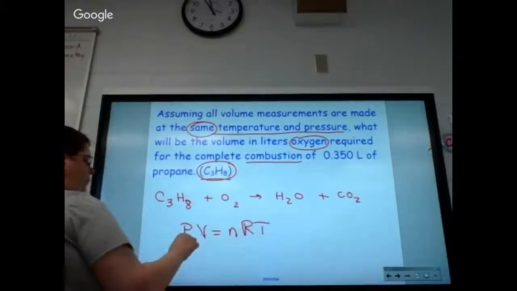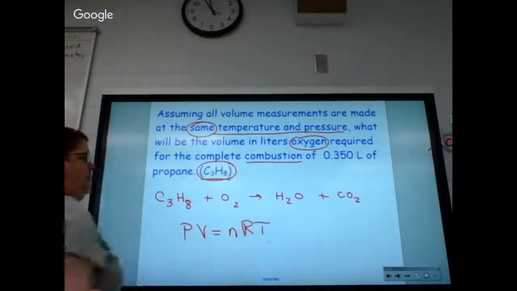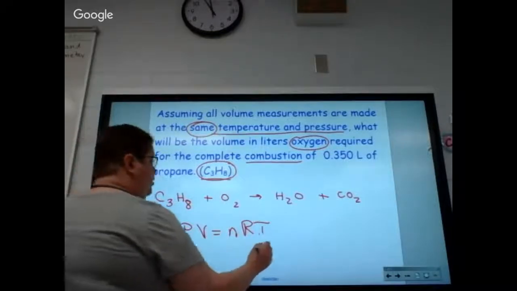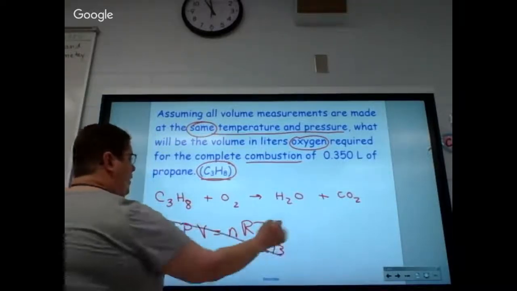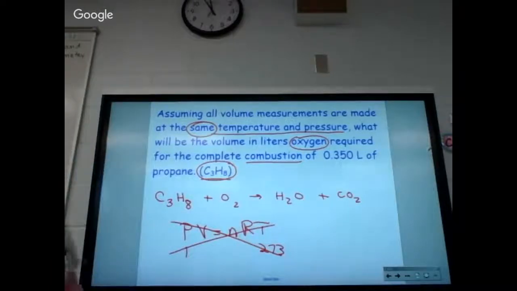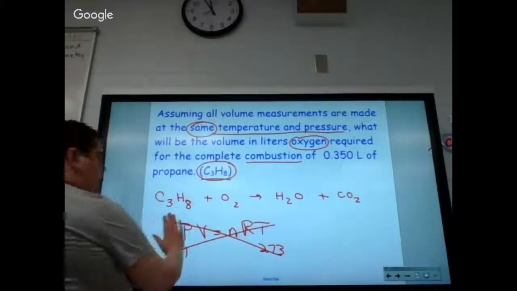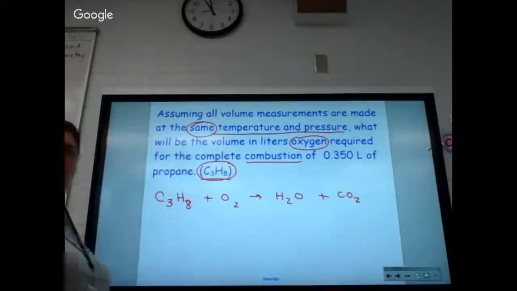Would you know what number for pressure and what number for temperature if it says same? No. If it says same, I didn't give you anything. If you go ahead and write 1 and 273, I'm marking it wrong, okay? I'm not giving you any points because I didn't tell you what the temperature and pressure is. You can't put 1 in. Is everybody okay on those 2 points that we talked about yesterday?